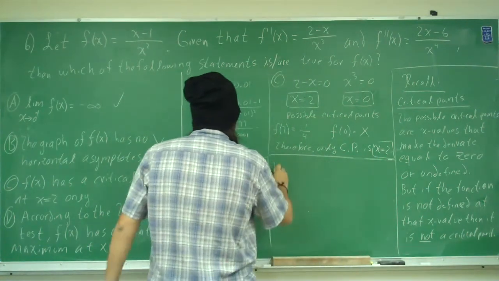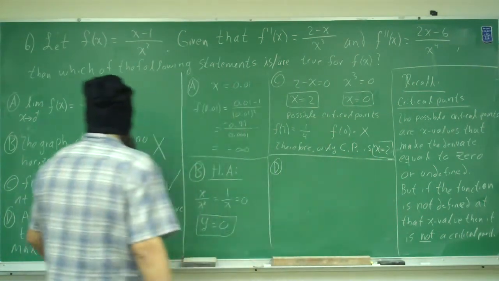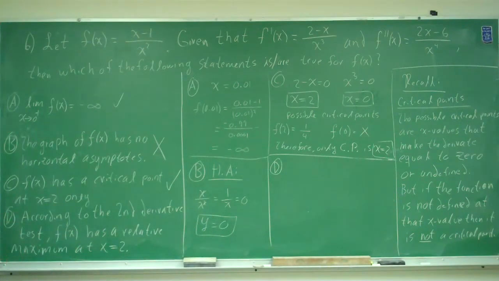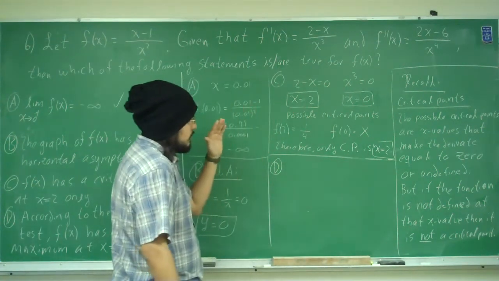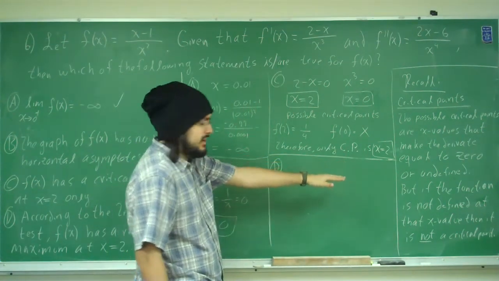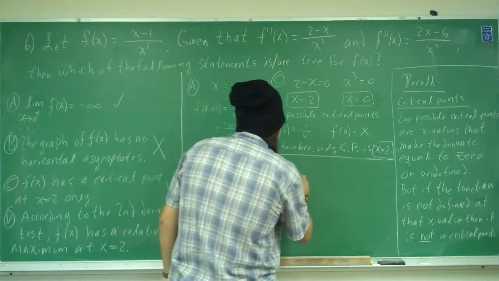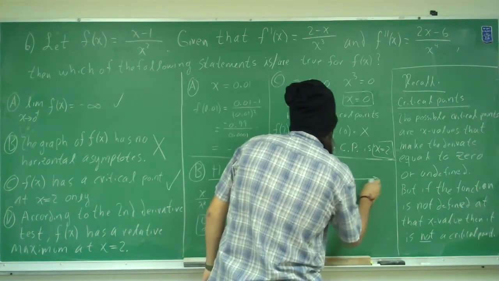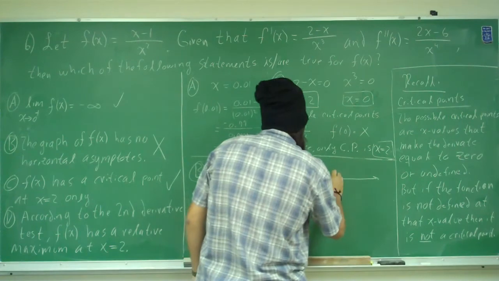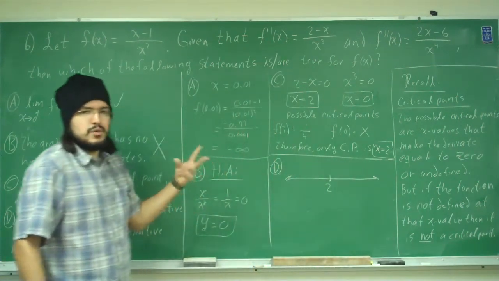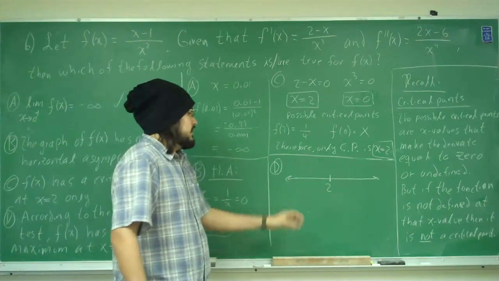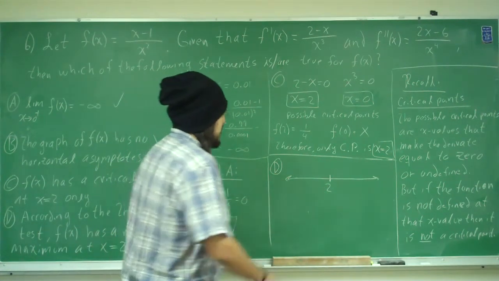So now we look at D. For D, second derivative test, f of x has a relative maximum at x equals 2. What I like doing here is, we already have a critical point, x equals 2. So draw a number line and put your critical points on it. Then grab test points.